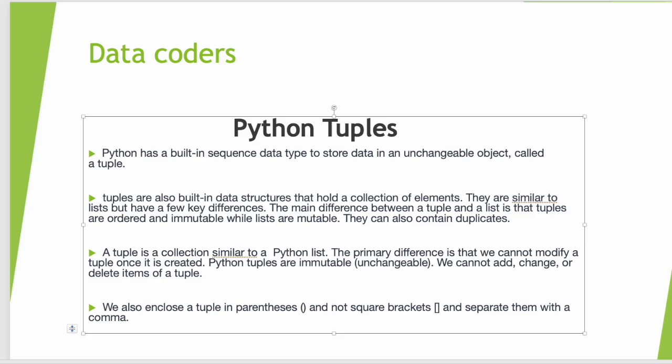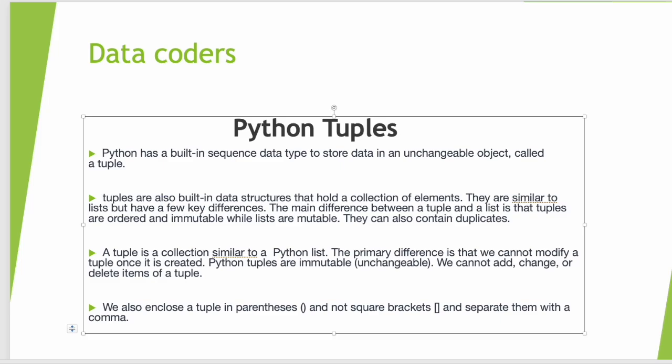So in our project or application, if we have a scenario where we have to read only and not make any changes, such as a lookup data set, we can go with tuples and it will be very fast. Also the way we write it differs: for a tuple we use parentheses and for a list we use brackets, with each element separated by a comma.